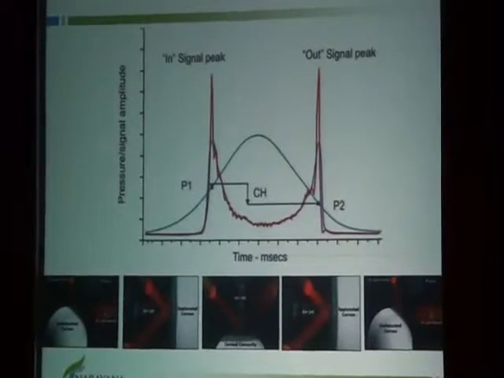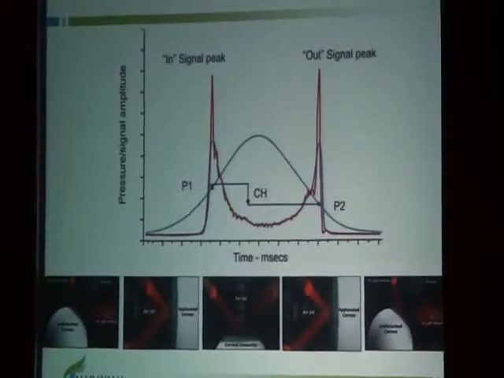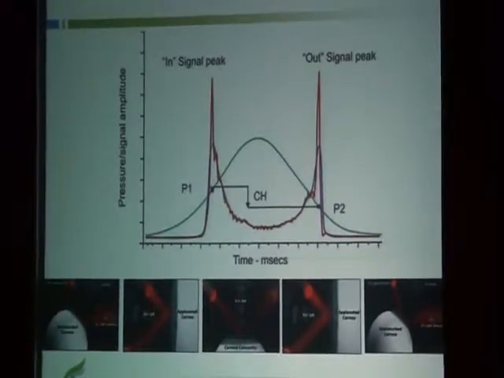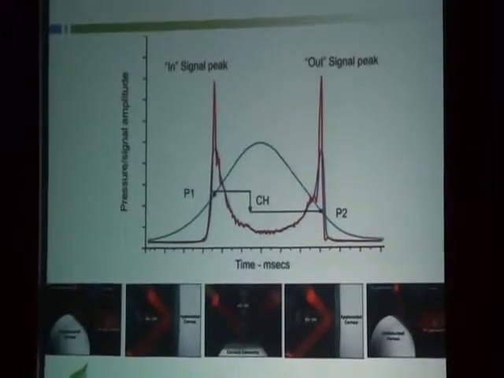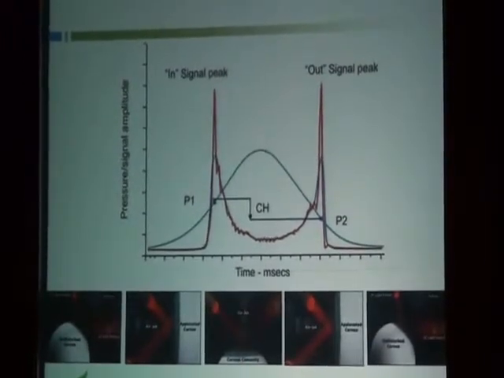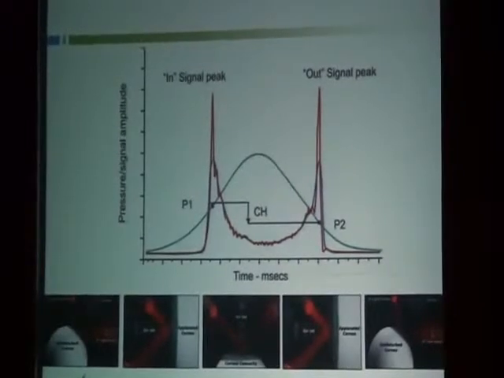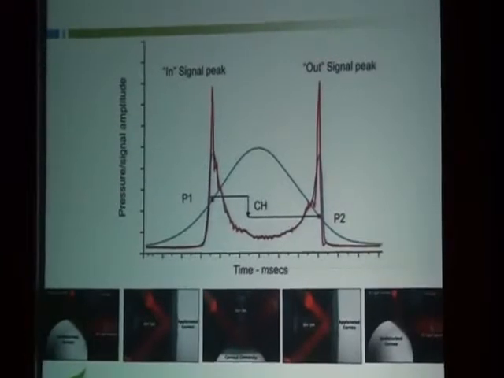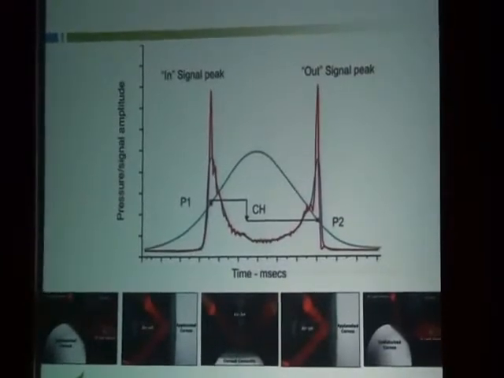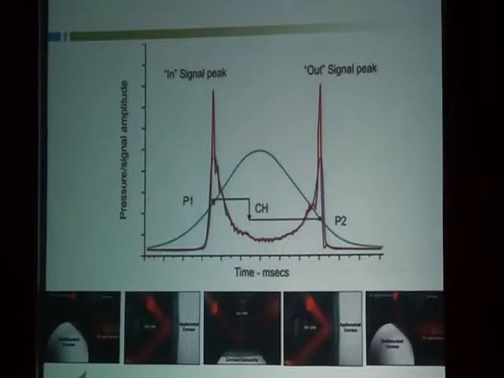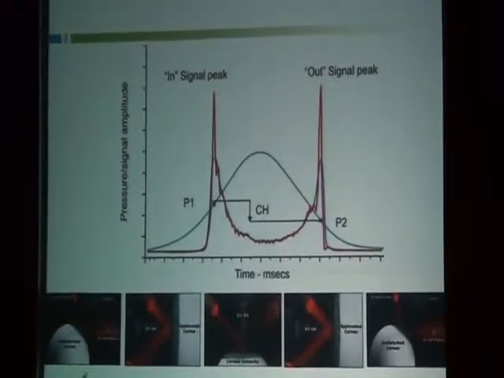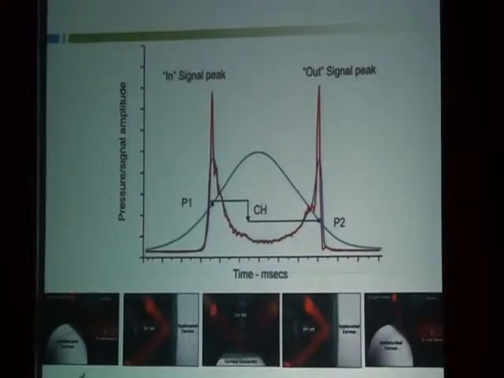Because of the corneal damping, or the viscous damping of the cornea, the first applanation event and the second applanation event happen at different levels. So P1, or pressure 1, and P2, or pressure 2, are different. P2 is always lower than P1. This entire process of the first applanation, going into concavity, and then coming into the second applanation and normalcy happens within just 20 milliseconds.